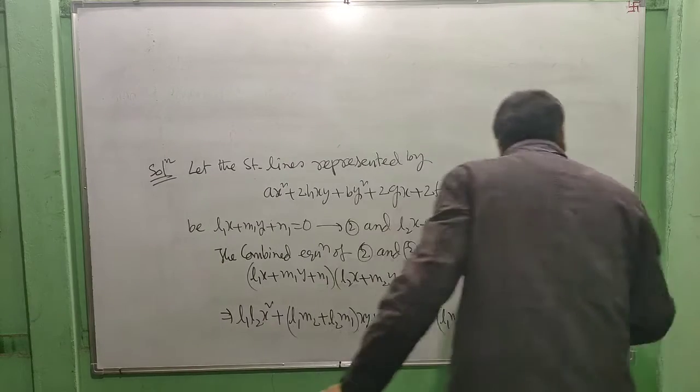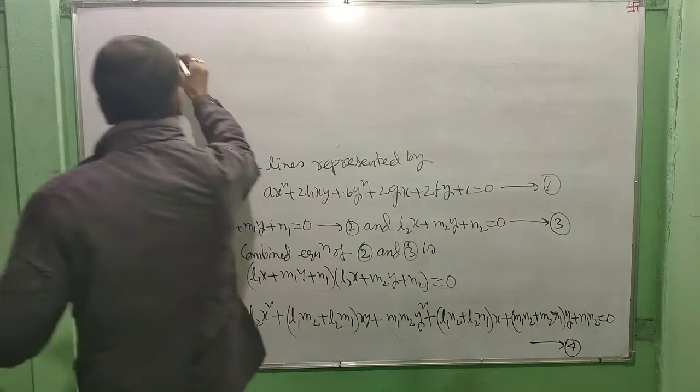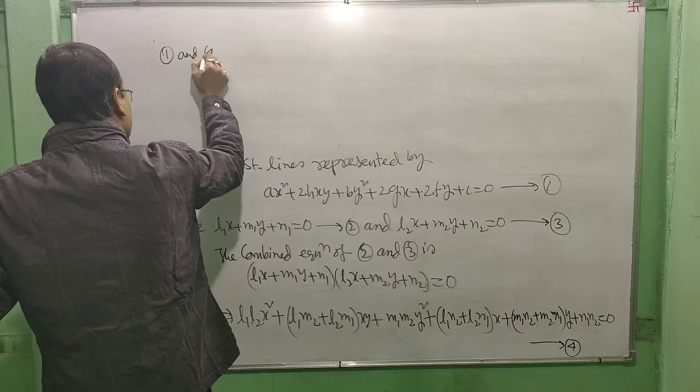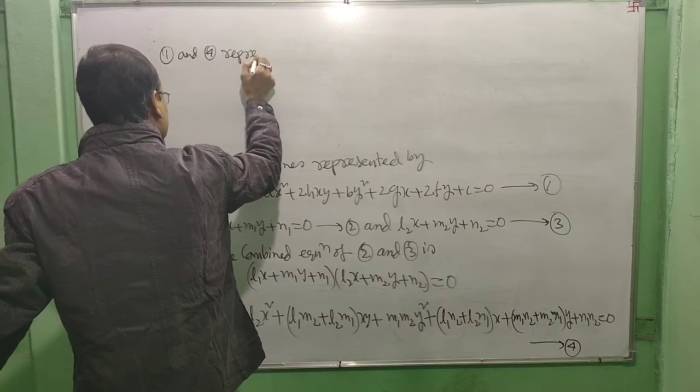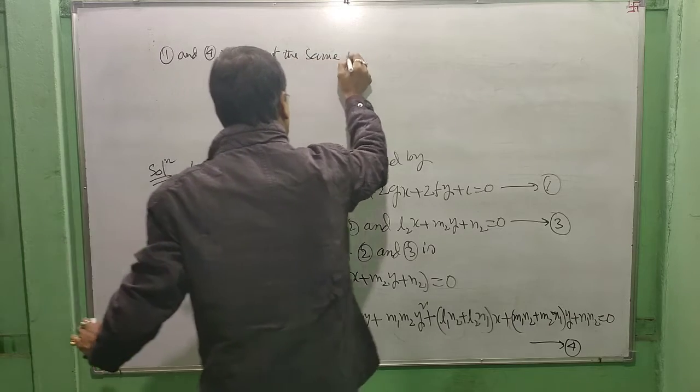Suppose the number of this equation is 4. 1 and 4 represent the same pair of straight lines.